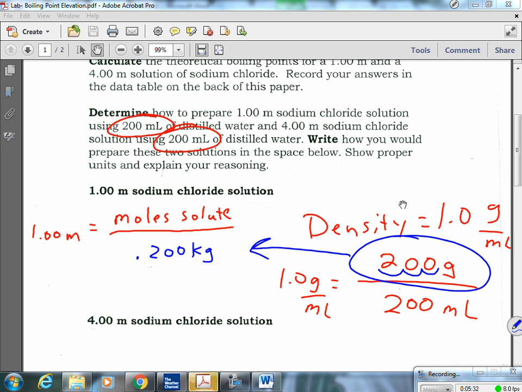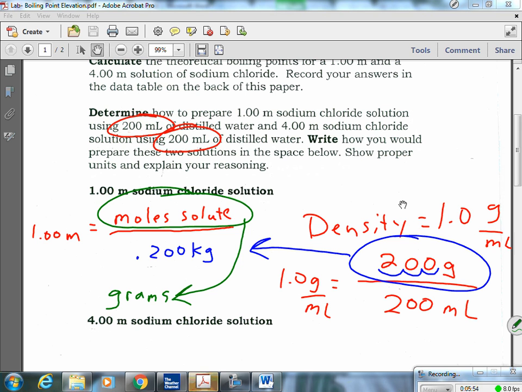Now, once I work this equation, I can solve for my number of moles. Once I've solved for my number of moles of solute, I need to convert that into grams. That's a flux capacitor move.